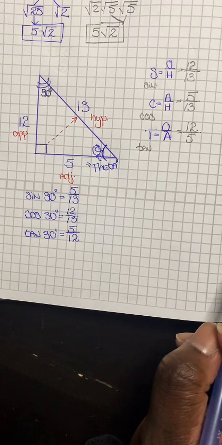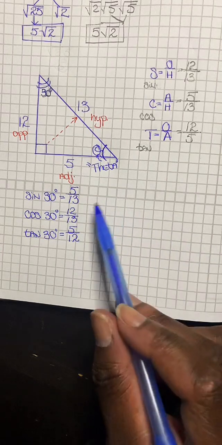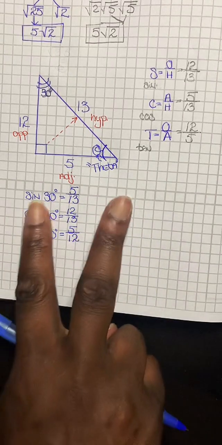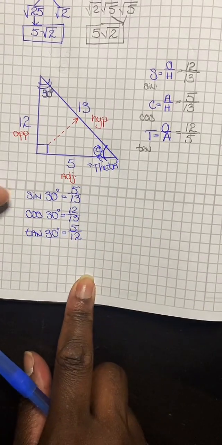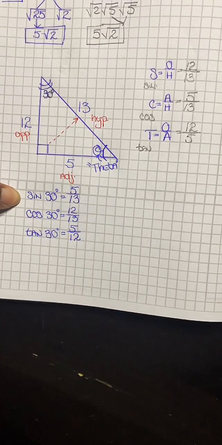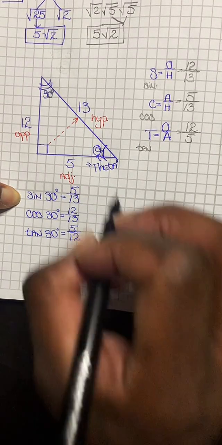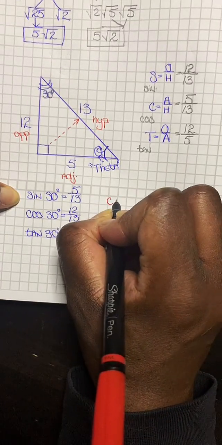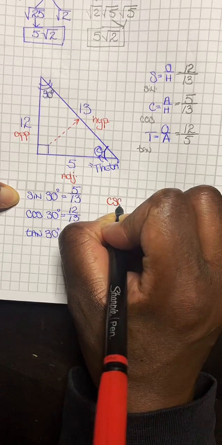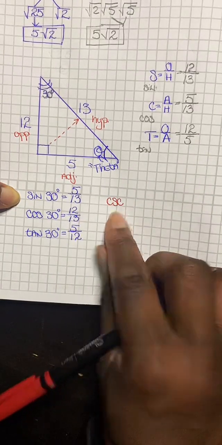All right. So, just like most everything has an inverse, has a flip. So the flip of sine is going to be cosecant. That's the inverse of sine.